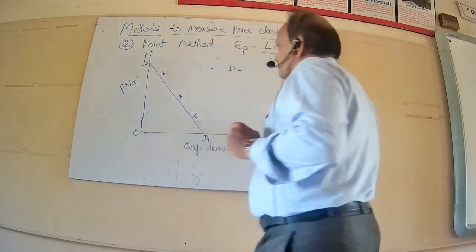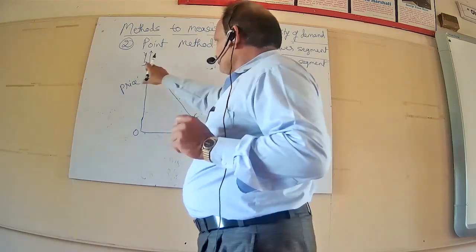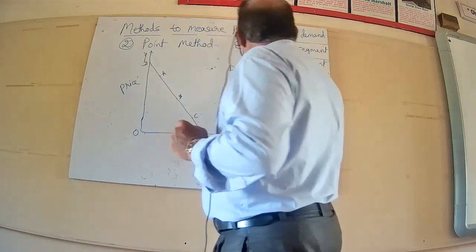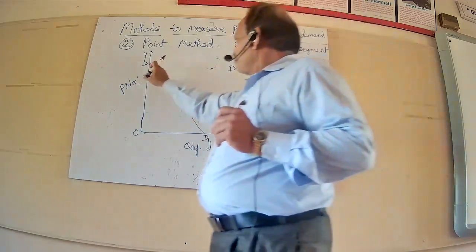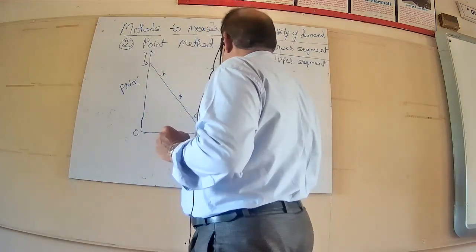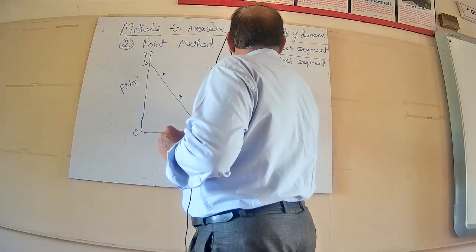So here entire segment is lower segment. Yes, below point D, entire segment is the lower segment and it has no upper segment. Upper segment is 0. Therefore, DD1 divided by 0.